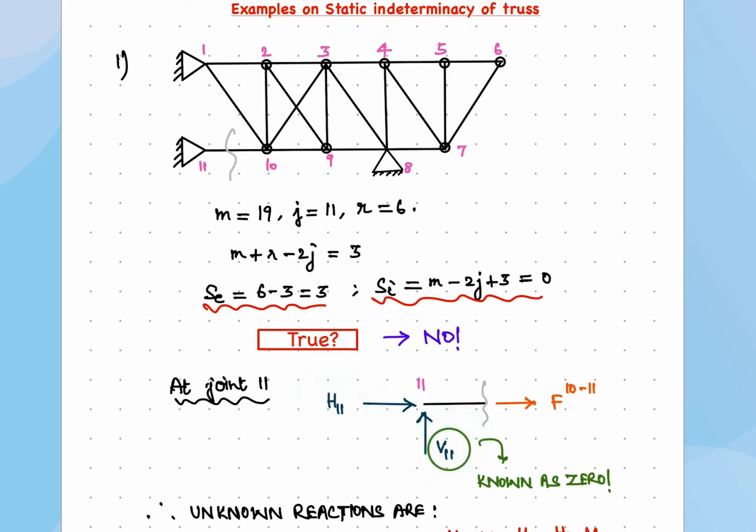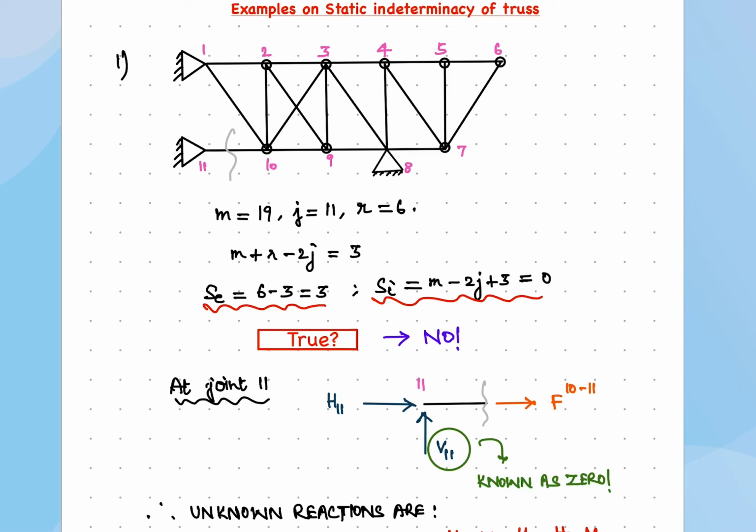Fine. So what is important here to observe is this member force is collinear with this horizontal reaction H11. Therefore, this will be equilibrated, but there is nothing to equilibrate this particular force V11. Fine. Therefore, you can see that this is always going to be 0.